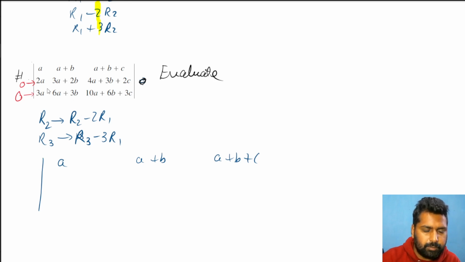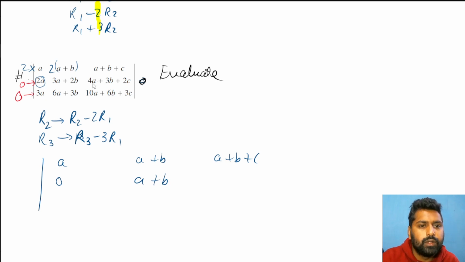Now be very careful while doing these operations, because if you make a mistake here, you will not get the simplified answer. So the operation is R2 goes to R2 minus 2R1. This element goes to this minus, I have to multiply the whole row by 2 and then subtract correspondingly. 2a minus 2a becomes 0. 3a minus 2a is a, 2b minus b is b.